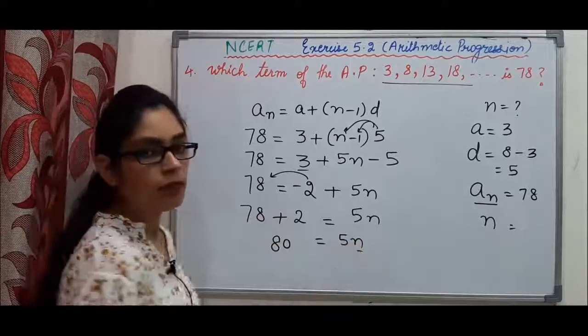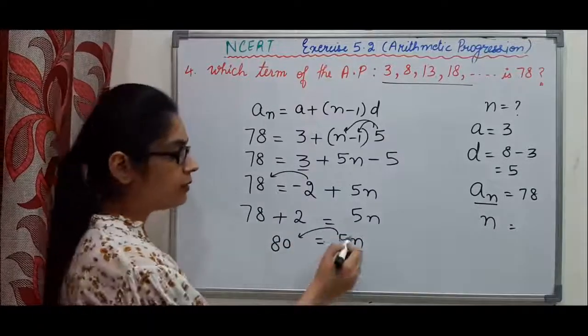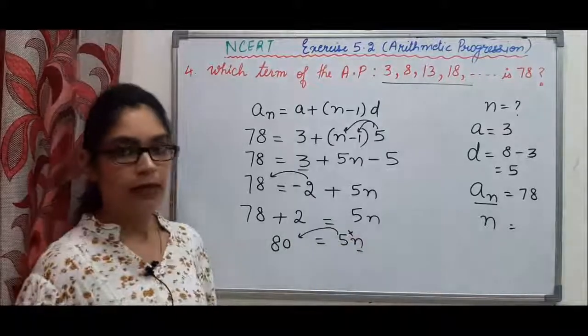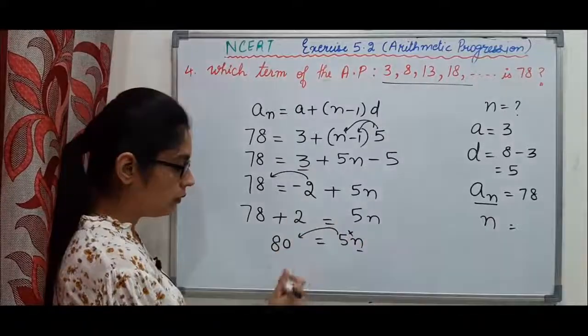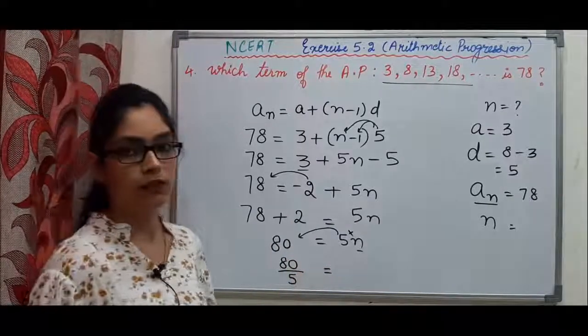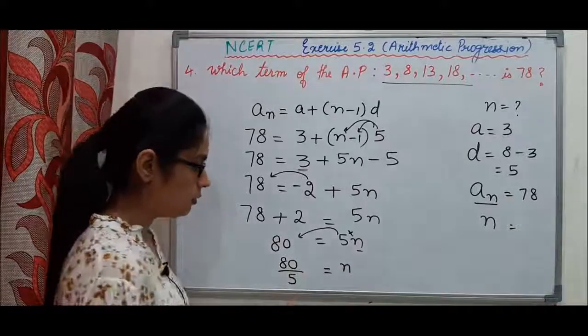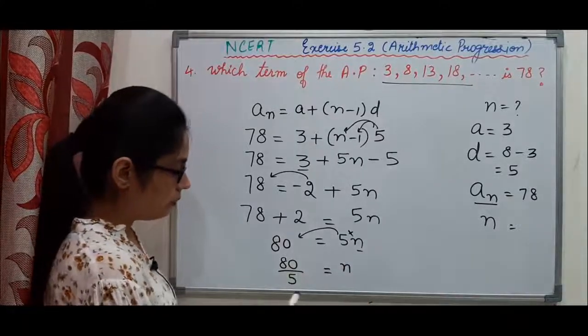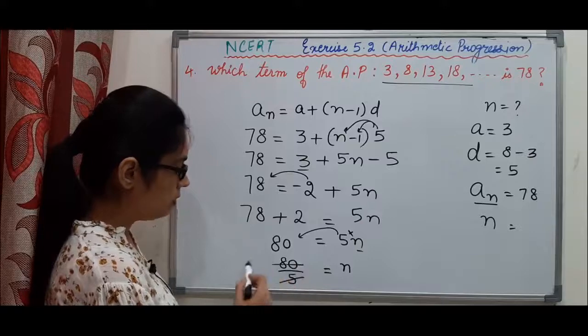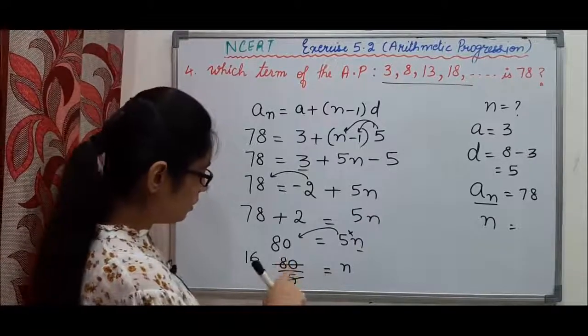We have to find n, so 5 also we have to shift to the other side. n is getting multiplied with 5, so when we shift 5 to the other side it will get divided, because multiplication on changing sides changes to division. So n is equal to 80 by 5. We can do cancellation: 5 into 1 is 5, 5 into 6 is 30.